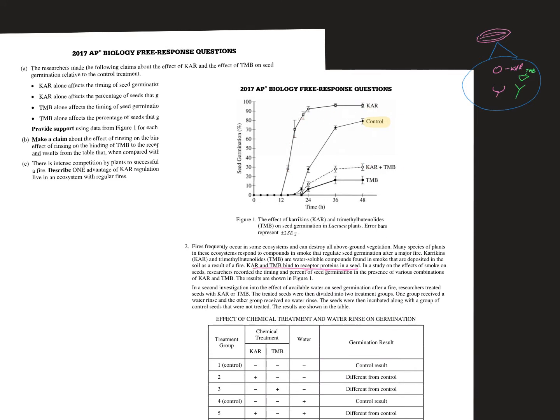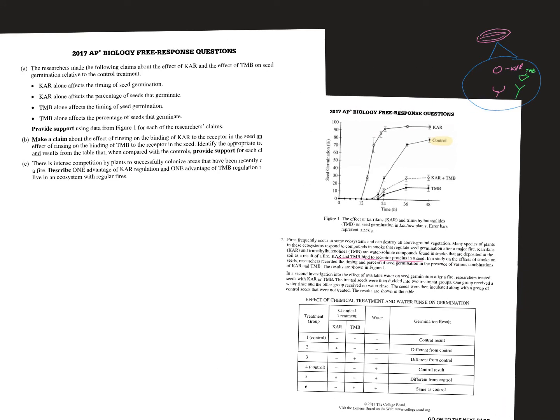KAR alone affects the percentage of seed germination. So not only does KAR increase the speed, like we initially analyzed in the graph, we saw that the seeds started to germinate quicker. They also increased the percentage germinated. That's correct. We identified that early on when we first looked at the graph.